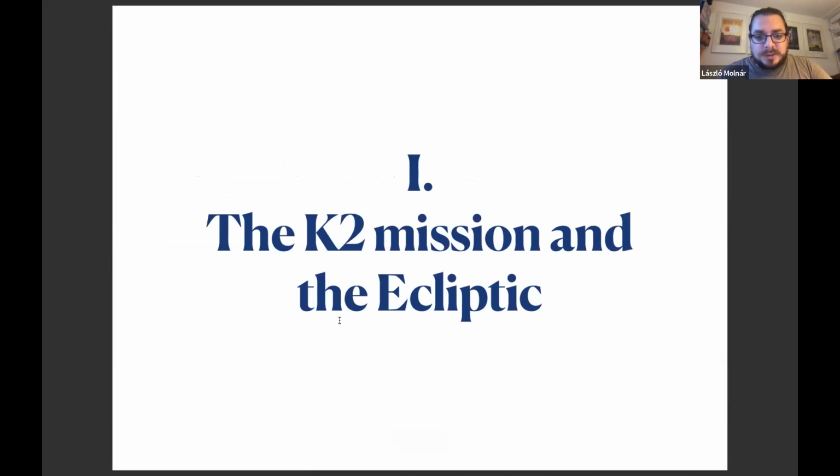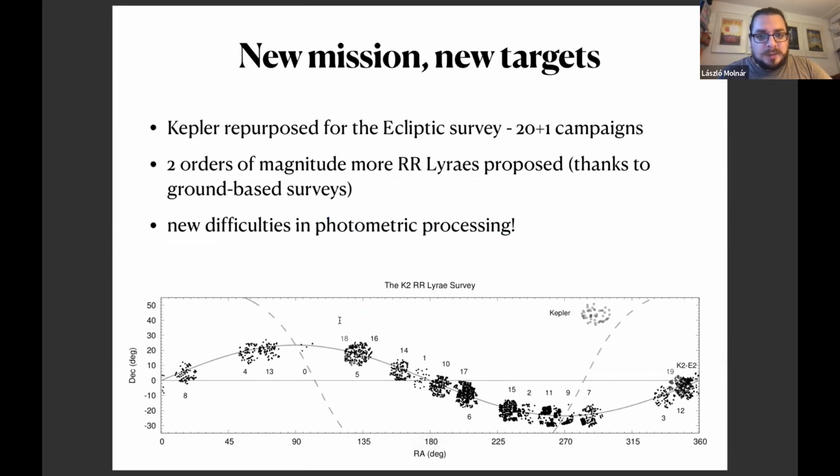So first, I want to talk about K2, which was, of course, the new mission given to Kepler after the reaction wheels failed. And it covered, at the end, 20 plus 1 fields along the ecliptic. And here on this plot, I'm showing all the RR Lyrae areas that were targeted.